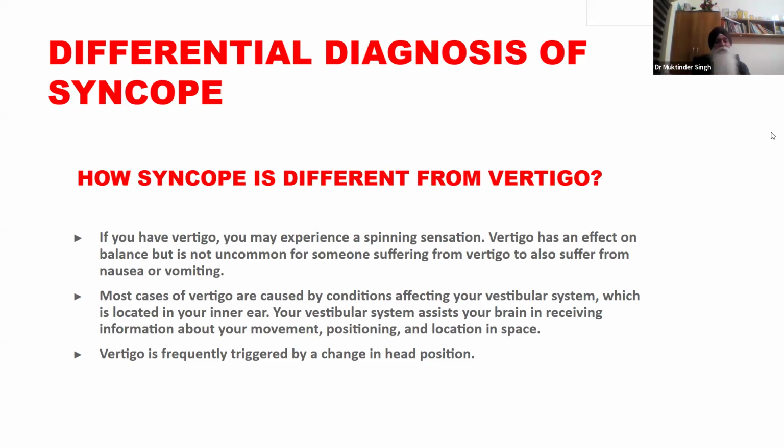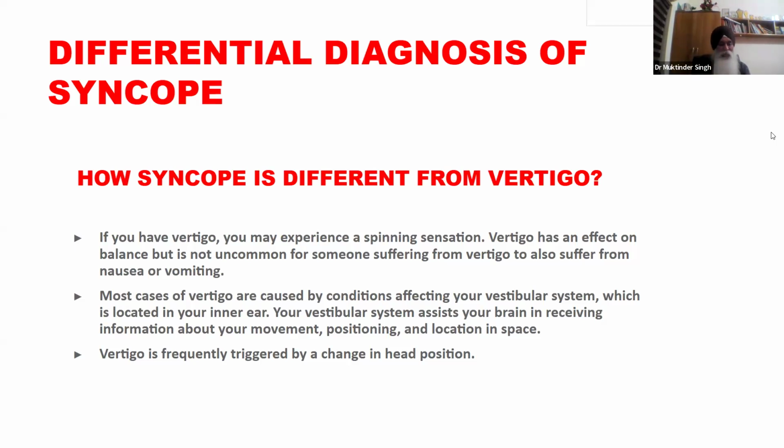Vertigo doesn't necessarily mean that you will fall or lose consciousness. Sometimes you get vertigo on and on for days, all the time when you get up, but you don't lose consciousness. So to qualify the definition of syncope, one must lose consciousness. If you have vertigo, you may experience a spinning sensation, घूम रहा है.